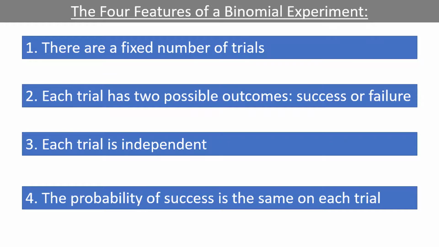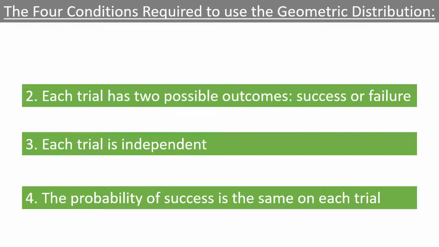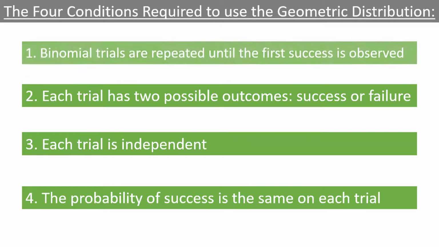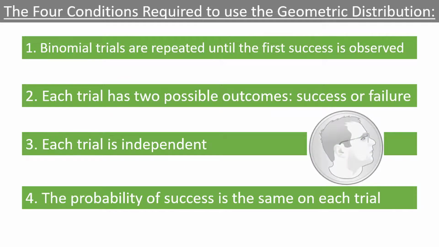Now, in order to use the geometric distribution, these same 4 conditions must be met, except the first condition must be modified slightly. Instead of a fixed number of trials, the binomial trials are repeated until the first success is observed. In the binomial distribution, we might be flipping a set number of coins, such as 10 coins, and we could calculate the probability some specified number of coins showed up heads.